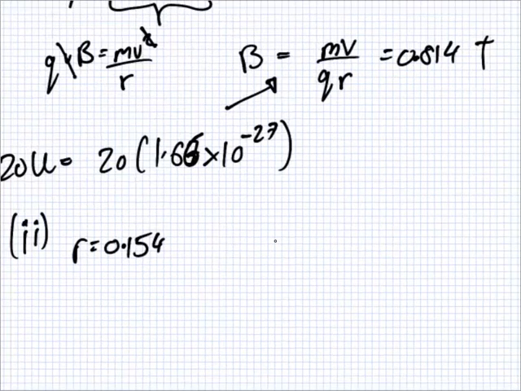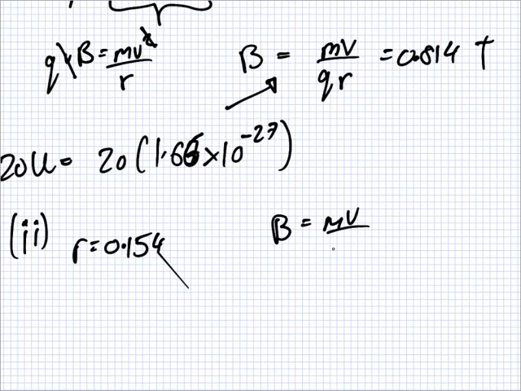So for example, it could be neon 21, neon 22, whatever. If the number is different, then the mass is different. If the mass is different, then the force is different and the acceleration in the circle will be different. So this time the radius is 0.154. Now you can still use your formula B equals mv over qr.